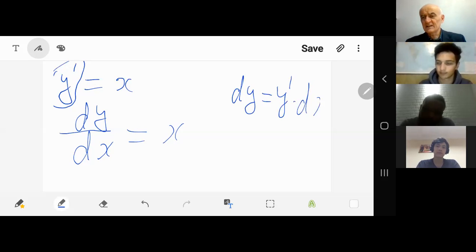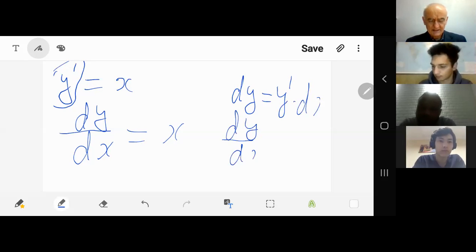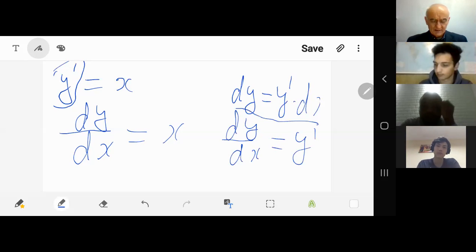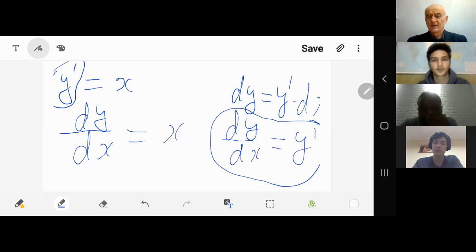And this equation we can write down as dy over dx, so it's the derivative. So derivative we can write down as y prime, this is the notation, or we can write down as dy over dx.